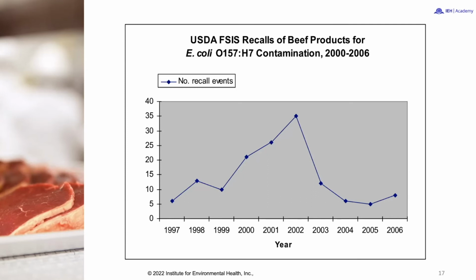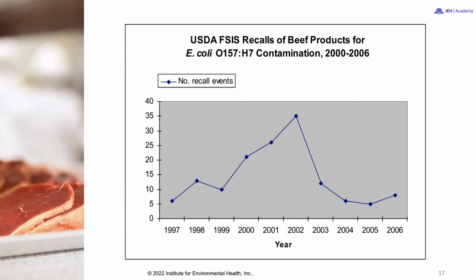About that time, USDA instituted some higher level expectations on producers, particularly of ground or non-intact beef. They also introduced some new test methods, and they expected producers to use those test methods as part of a verification process for the control programs they had in place to control E. coli on beef.